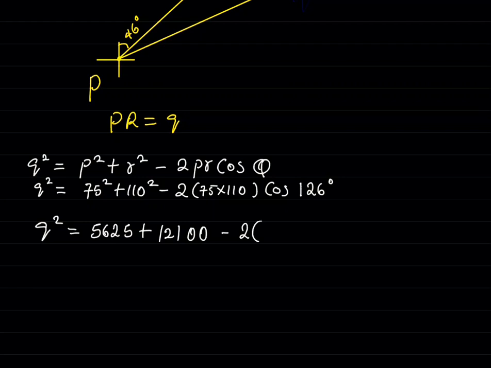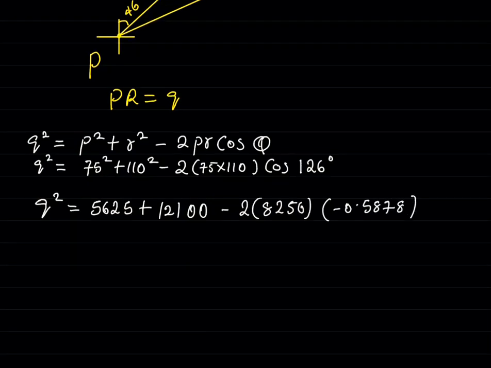Now, once I work this out, I'm going to have 8250. Then cos 126 with our calculator is going to give us minus 0.5878. Okay, so we're moving.